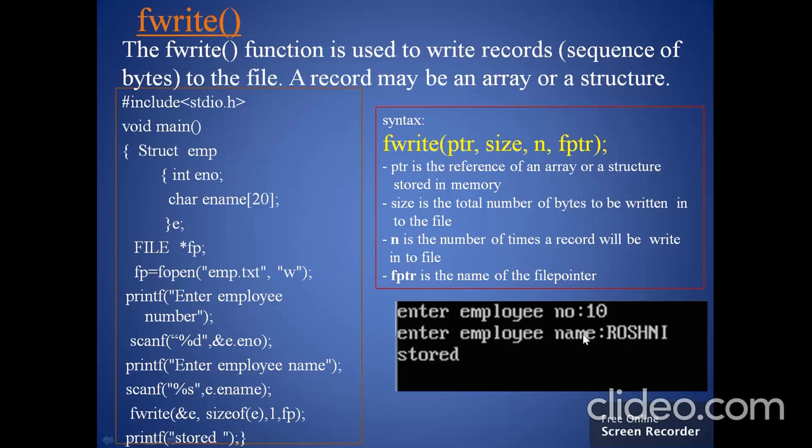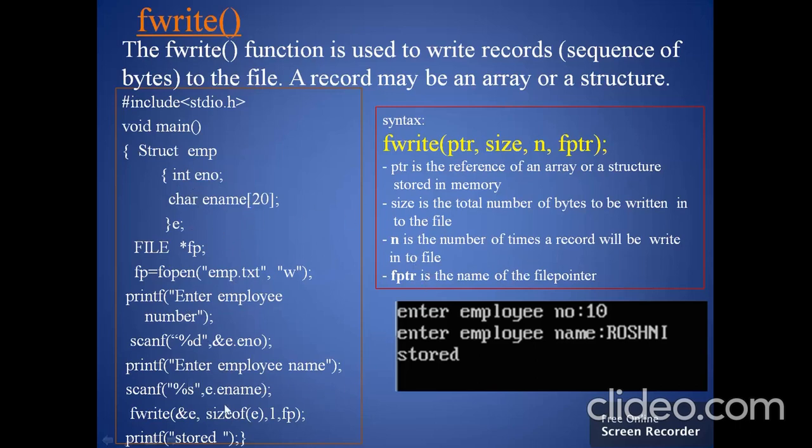Then we will enter the employee name, that will be Roshni. So here the employee name Roshni will be stored inside the string variable of the structure with the help of the scanf function. So with the help of these two printf and scanf, the data will be stored inside the structure.